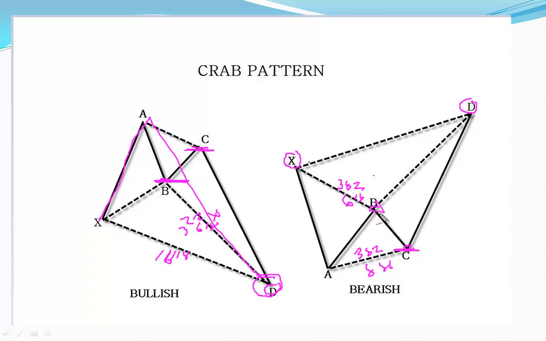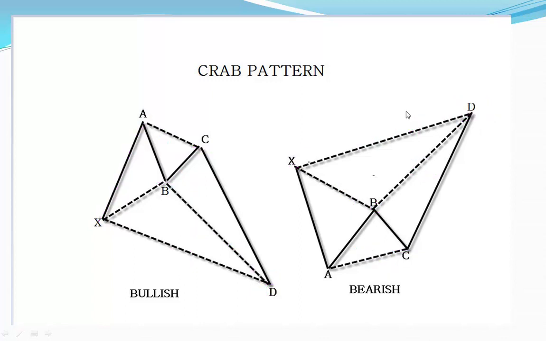From B to C up, it's a 224 to 3618 extension, and then from X to A up, it's a 1618 extension up. And that's giving you a D in this whole harmonic or market geometry, your X, A, B, C, D in this particular pattern, this crab pattern.